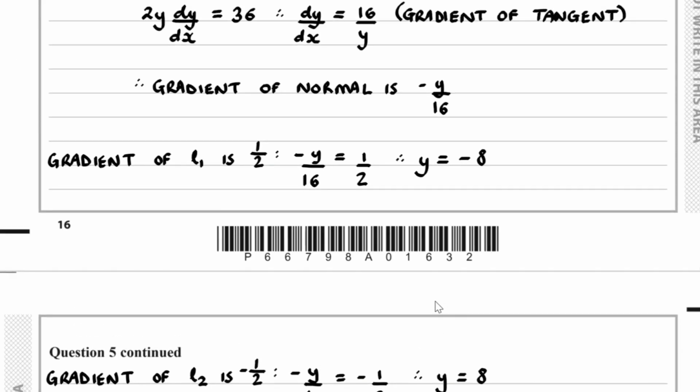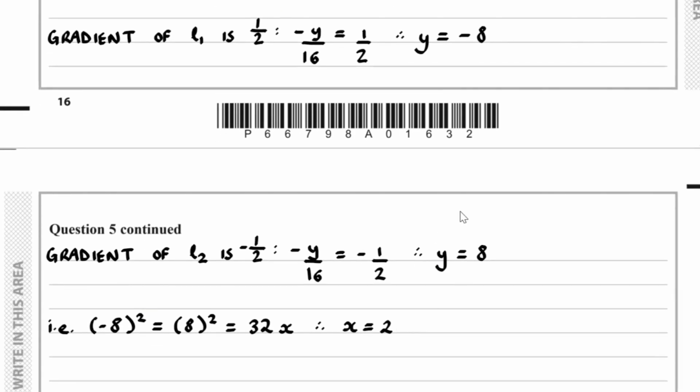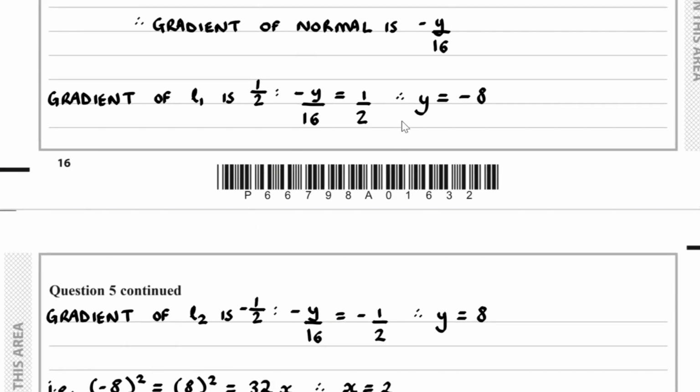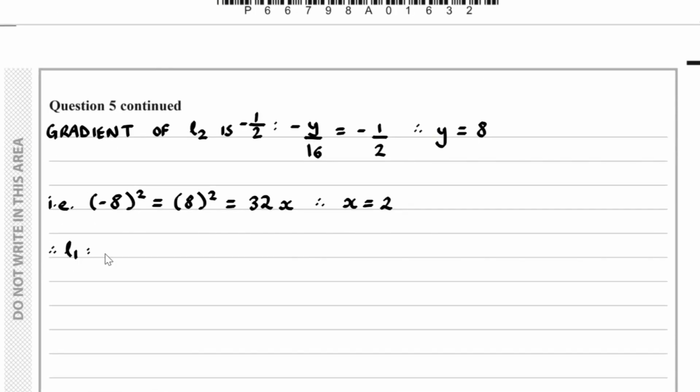And if x equals 2 and y is equal to plus minus 8, for the line L1, we've got y minus minus 8, so that will be the same as y plus 8, equal to its gradient, which is positive 1/2, lots of x minus 2. In other words, y equals 1/2 x minus 9.